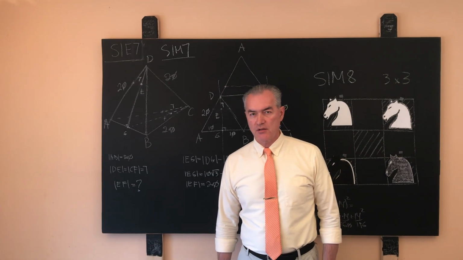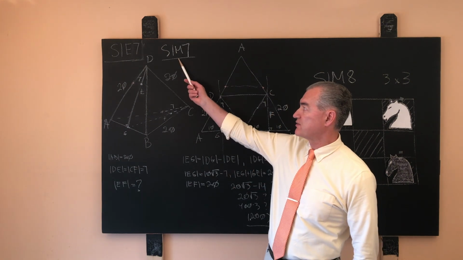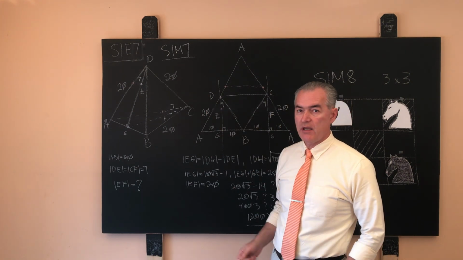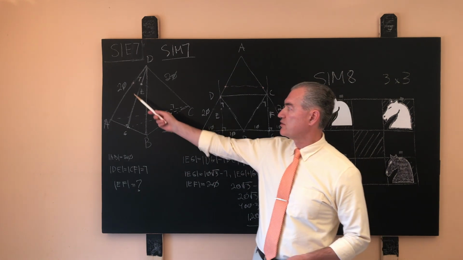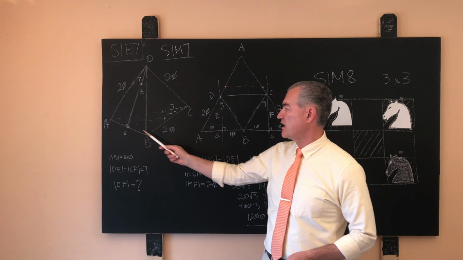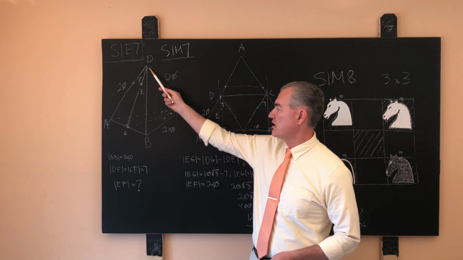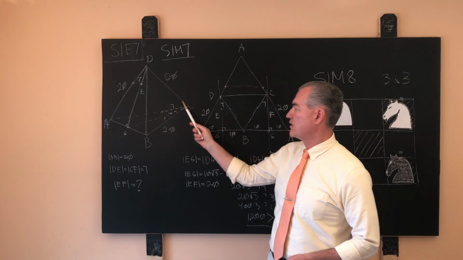As a reminder, in the problem S1M7, we're given a regular tetrahedron with the edge length of 20. Every edge in this tetrahedron has the length of 20.